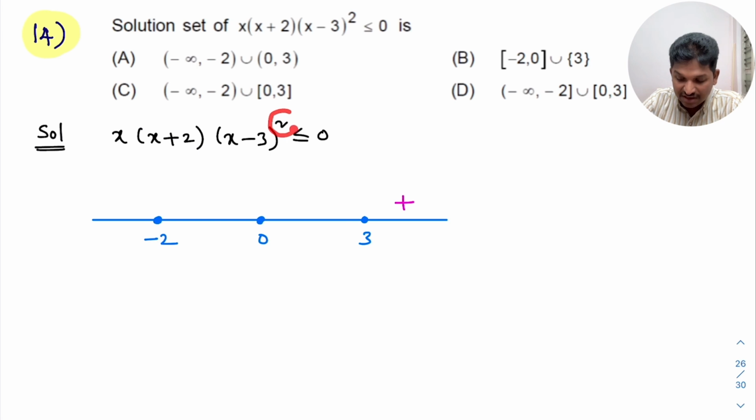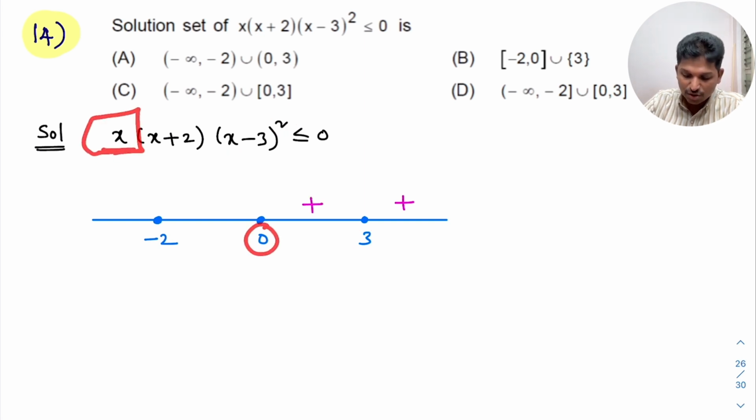In the power of this linear factor, an even number is there. In type 2 problems, we learned when power is an even number, the sign doesn't change. It remains the same. Here plus is there. Na? Here again plus will come, because this 3 is coming from this, its power is even. This sign won't change. Right? Here plus only. Now you observe this 0. 0 is coming from this. This is actually x power 1. When odd power is there, then sign changes. This plus changes to minus.